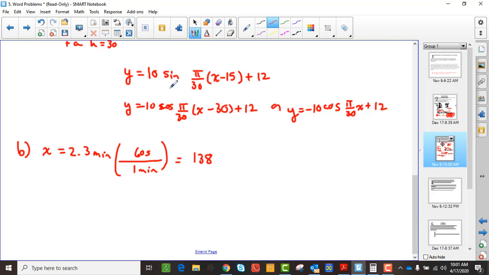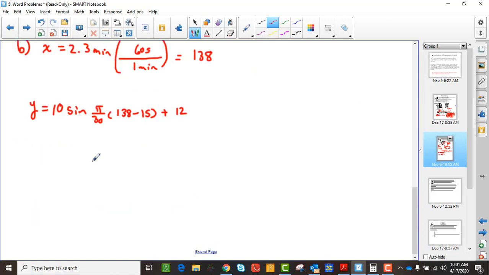So let's just use the sine graph. That means y is going to be 10 sine of pi over 30 times 138 minus 15, and then plus 12. Then we just follow this through. 10 sine of pi over 30, 138 minus 15 is 123, plus 12.